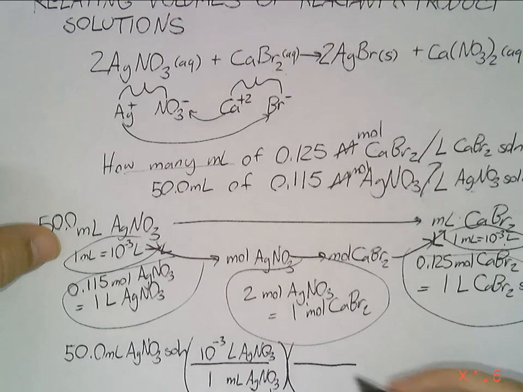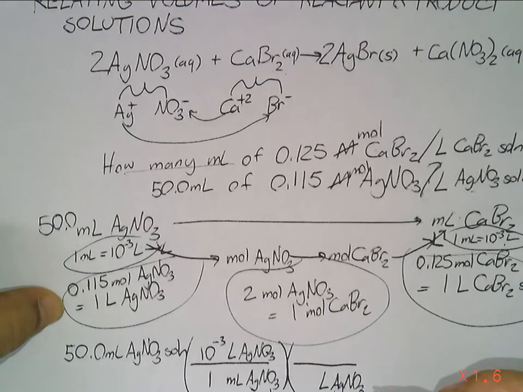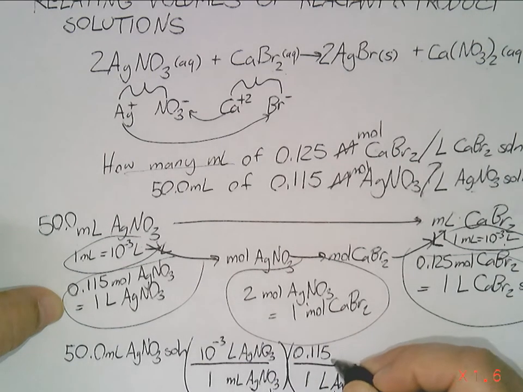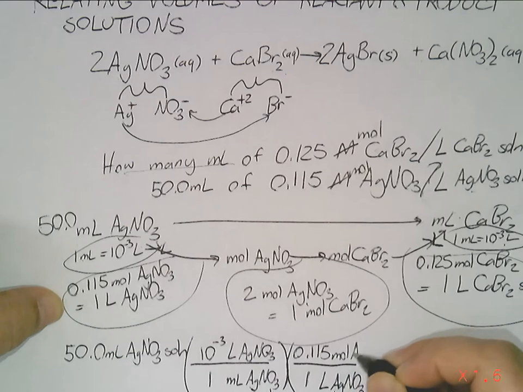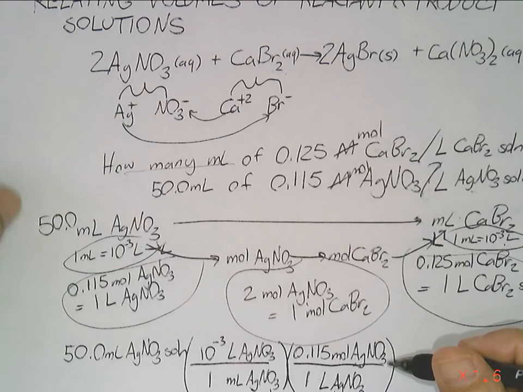Okay, I got to get rid of this, liters of silver nitrate solution. And here's where I'm using the molarity. The liters has to be on the bottom, so it's 1 and 0.115 moles of AgNO3 on top. Now, if I stop there, this would be how many moles of silver nitrate I'd have in 50 milliliters of solution.